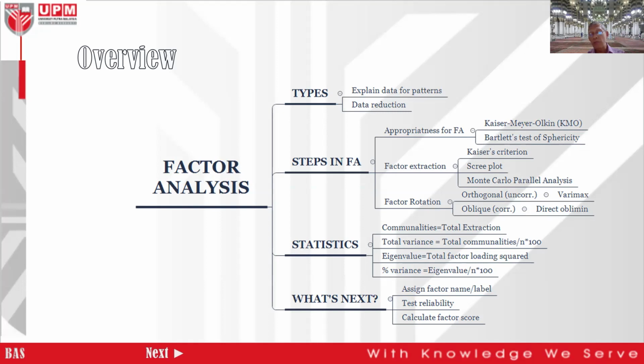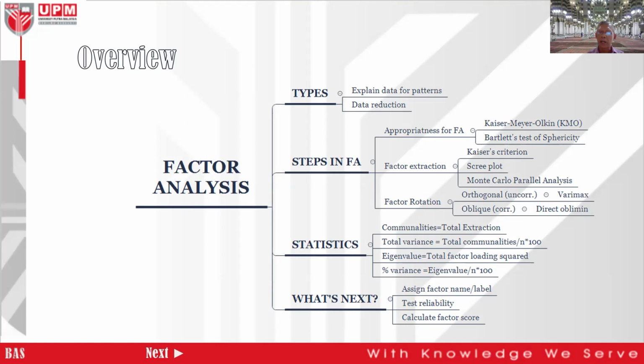Normally for orthogonal, we use Varimax as the procedure, and for oblique, we use direct oblique. All of this, you have the option in SPSS. You can just click the option and proceed with the factor rotation, right? According to books and literature, if you use these 2 methods, the result will be comparable.